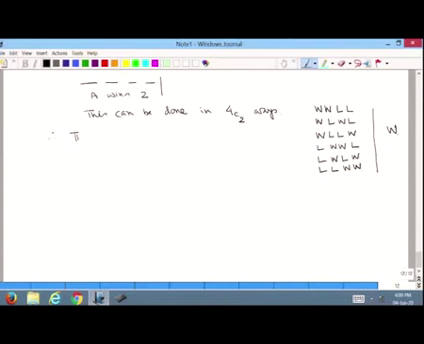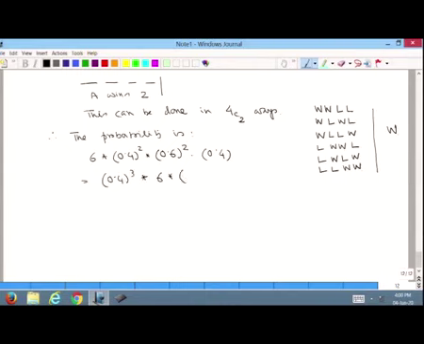Therefore, the probability is 6 into 0.4 whole square into 0.6 whole square into 0.4, is equal to 0.4 whole cube multiplied by 6 into 0.6 whole square.